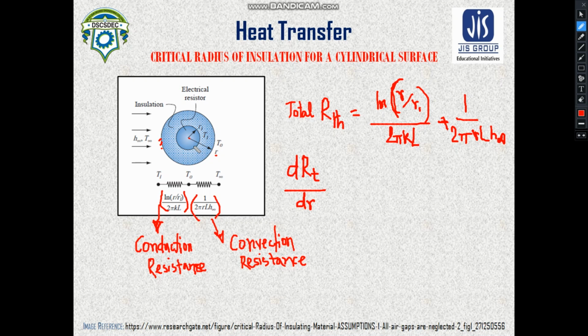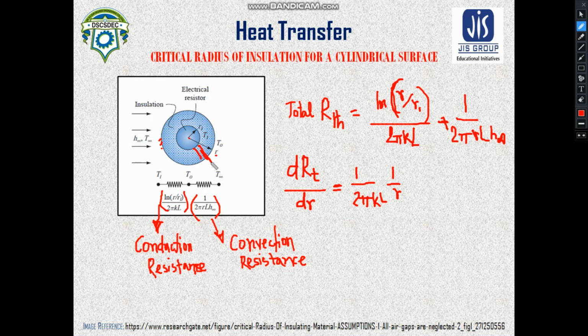Now if we differentiate this equation, we'll find that it becomes 1 by 2 pi k, and it would be 1 by R, right? Because R1 is a constant. This whole case of insulation doesn't depend on the inner radius, it depends on the outer radius only, because this is your insulation layer.